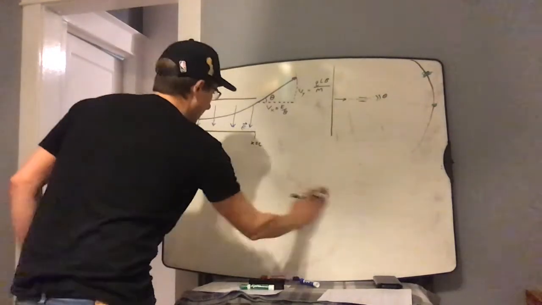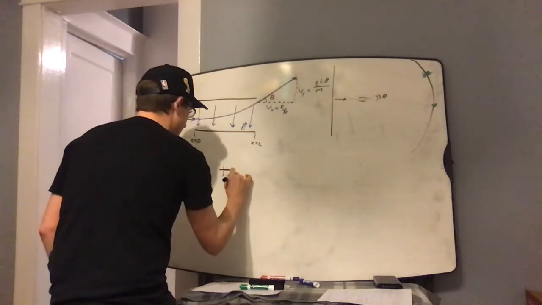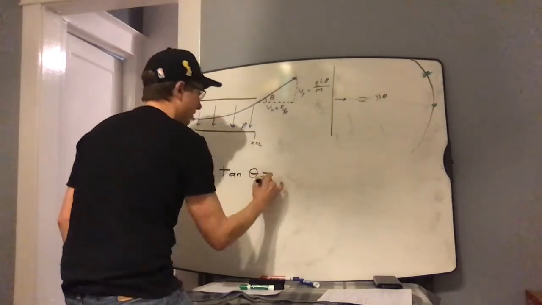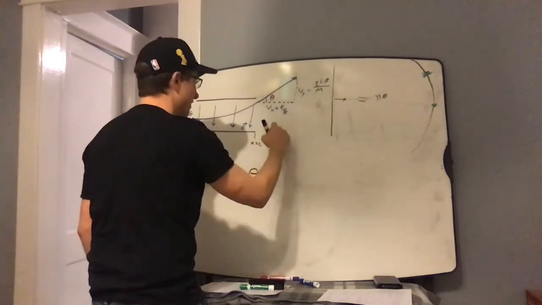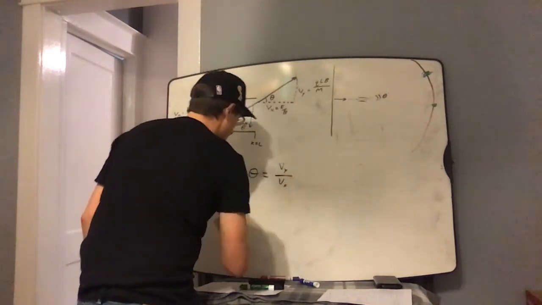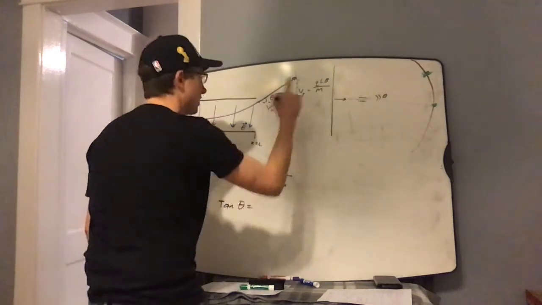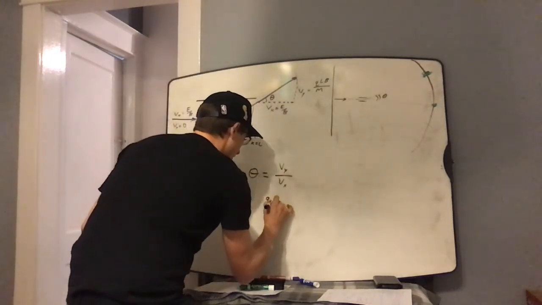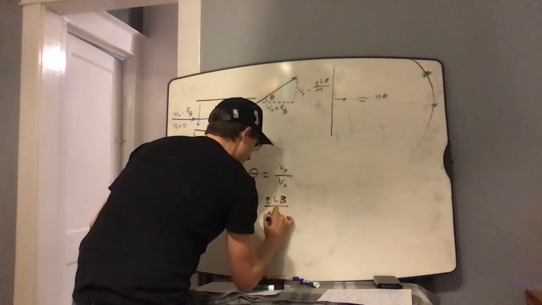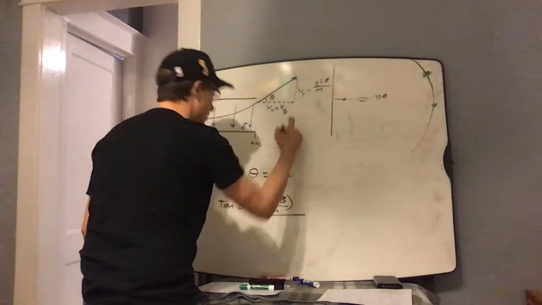So I could say that tangent of theta is going to be Vy over Vx. And so I could say tangent of theta is going to be QLB over m over E over B.